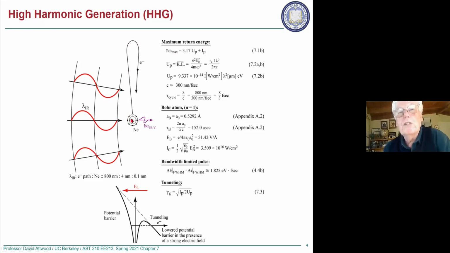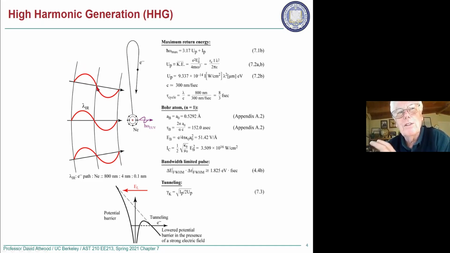So, for instance, what we're going to see in a moment, which threw me when I first heard about high harmonics: if the electron is born at the peak of the pulse, you would think, oh, that's the most likely thing. It's the strongest electric field. It's going to pull the electron off. And when the electron gets off, it's in the strongest part of the electric field, so it's really going to get accelerated and gain energy.